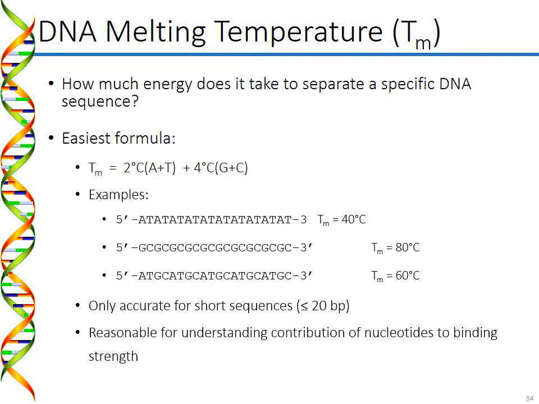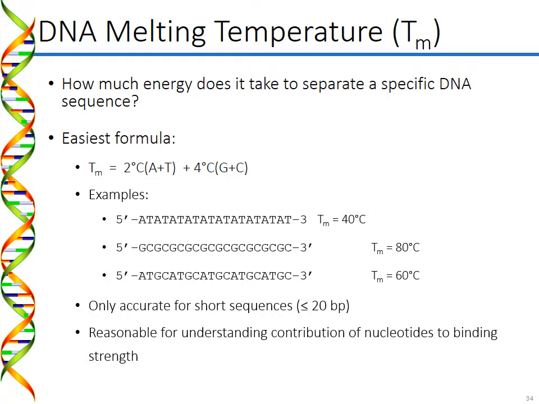Now this equation is fairly easy to use. It's not terribly accurate. It is good for short sequences, but obviously, for example, if you had a 100 base pair sequence, you would end up with a Tm of several hundred, which is certainly not accurate.